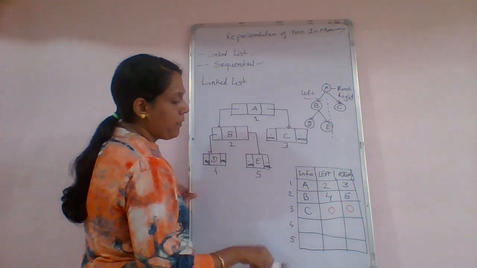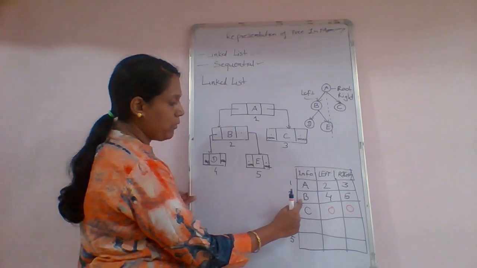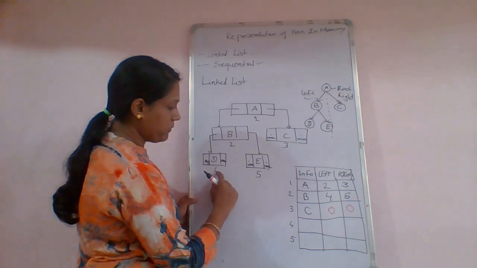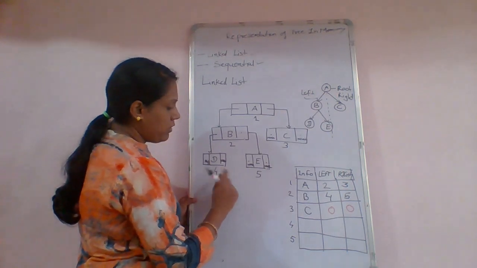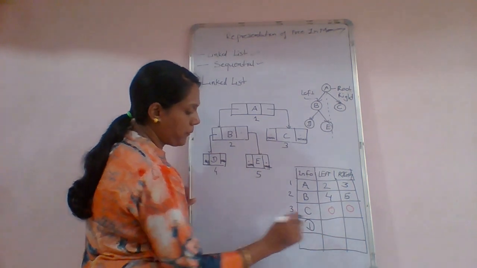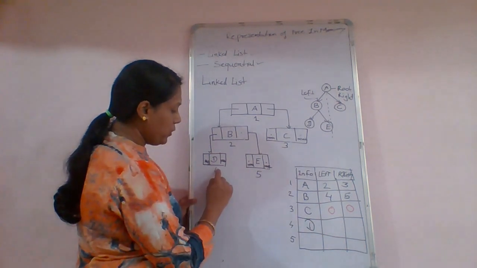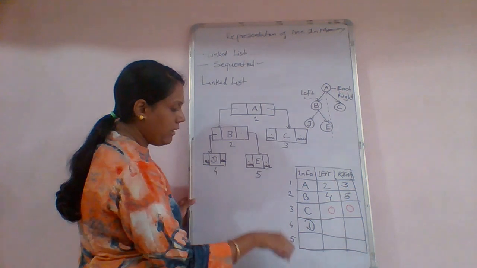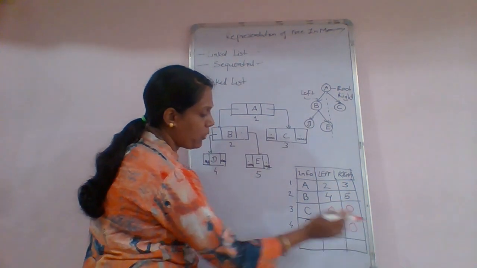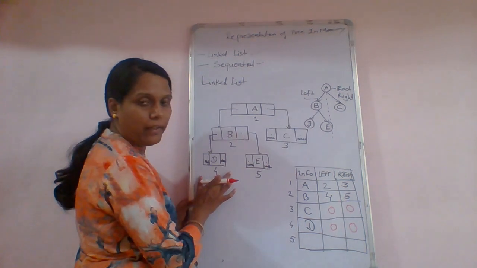Okay. Now we'll come to the second node, the B node. B's left is the fourth. So when we come to the fourth node, the info part is D. For that fourth node, left and right are 0. It means from that node, we don't have any child.